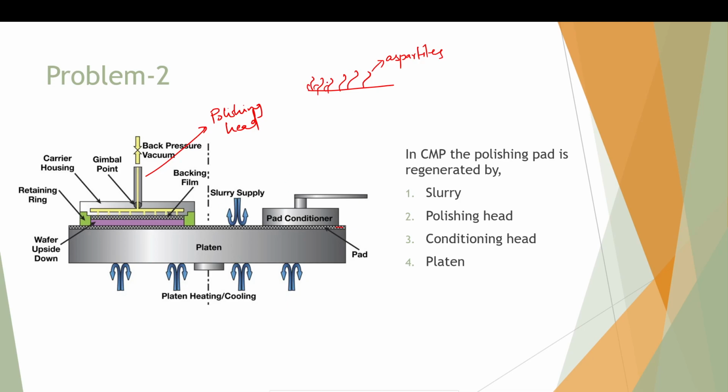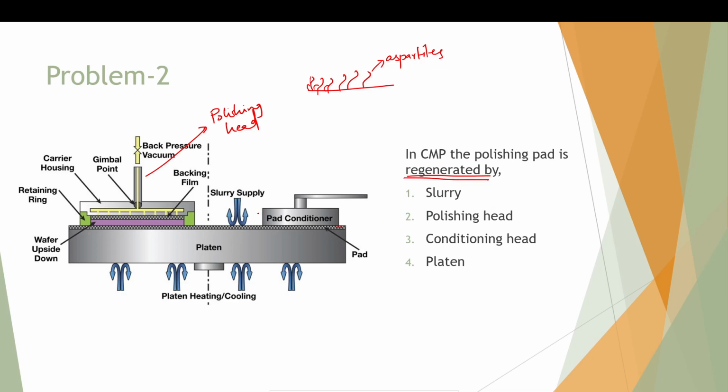Slurry is supplying the abrasives, and these asperities facilitate the movement of abrasives and the reaction with the wafer. So it's both chemical and mechanical. After some point the asperity length will start reducing because of the deposited material on top of the pad, so that's why we need to regenerate the pad.